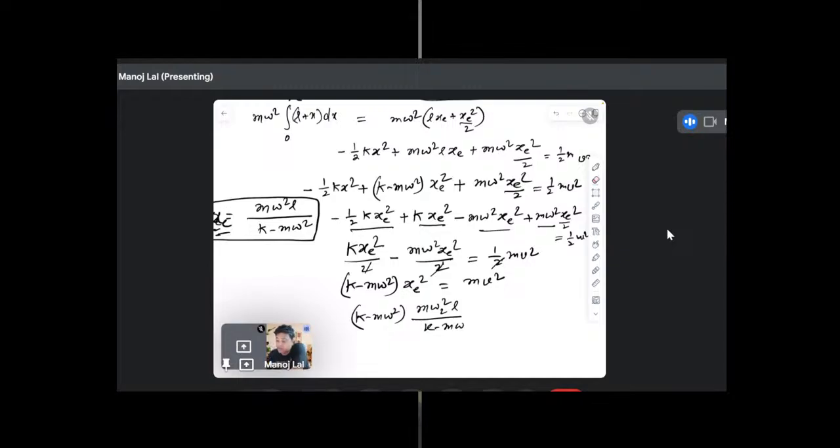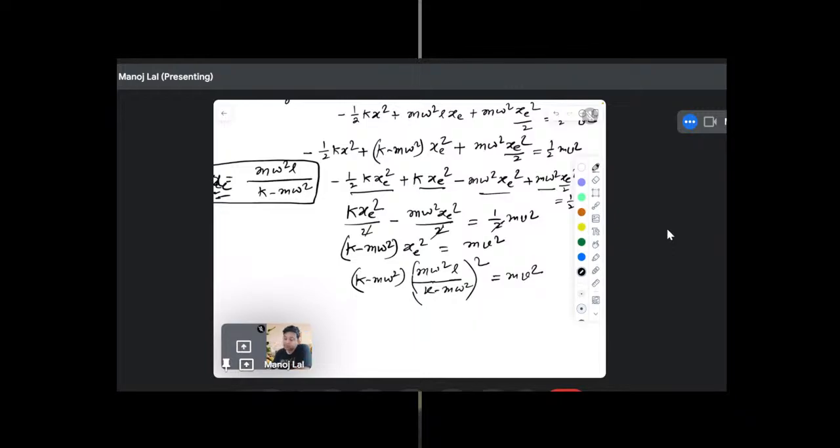Why have I written like this? This will be k minus m omega square into m omega square L upon k minus m omega square, whole square, is equal to mv square. So this will be m square omega to the power 4 L square upon k minus m omega square is equal to mv square.